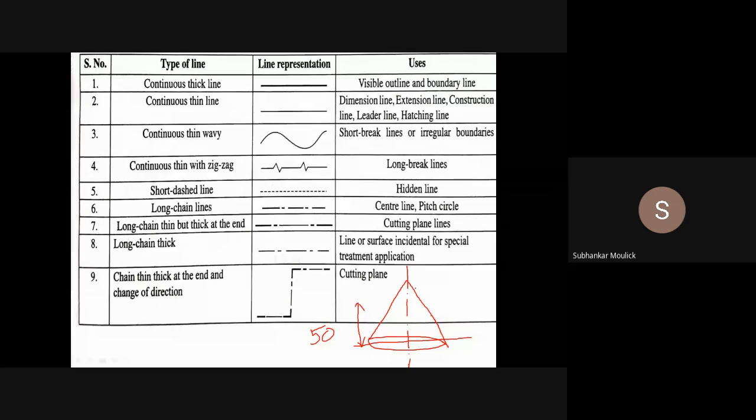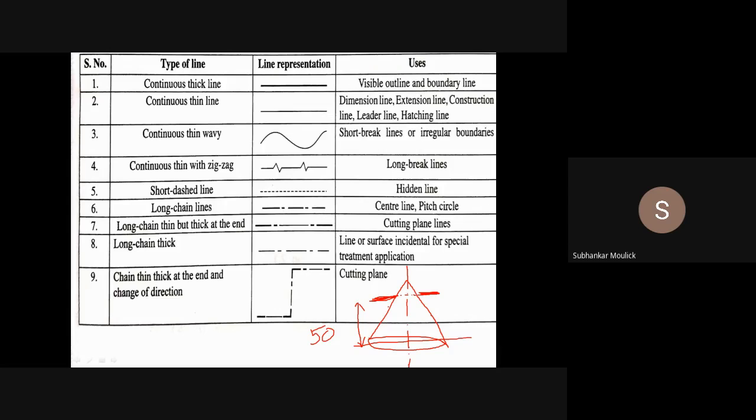That means at a distance of 50 mm, you are cutting this object and then looking at the shape of the object. So the cutting plane line is represented by this long chain thin but thick at the end line. That means dash very thick, in between dot, very thin dash, and then at the extreme other end point it will be a thick line.